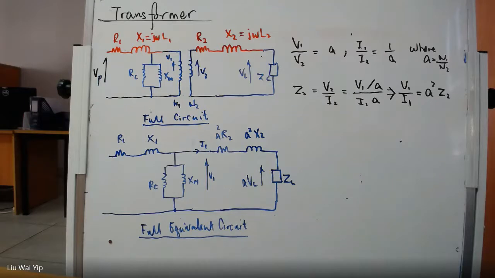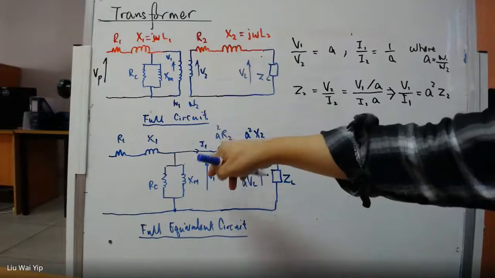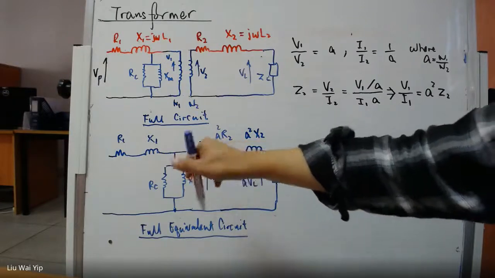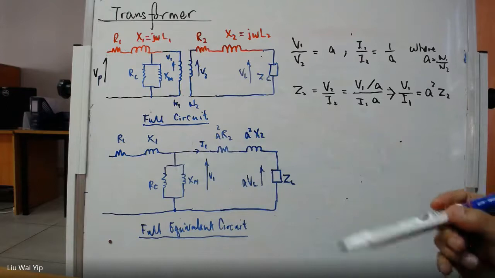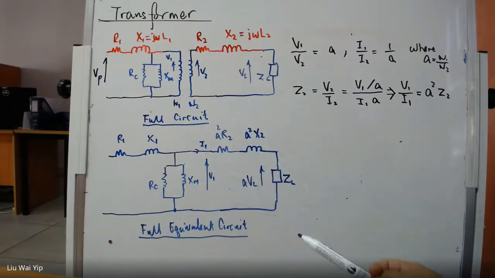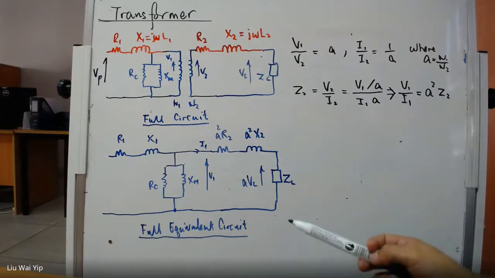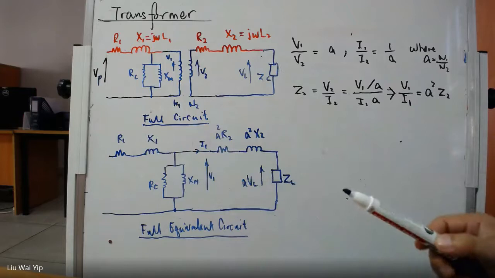You can derive the formula for the input voltage according to this circuit. And you can also work out the voltage regulation. And obviously, you can also calculate the efficiency.